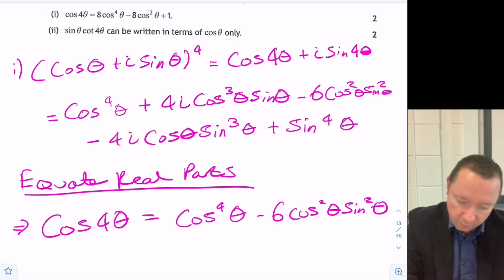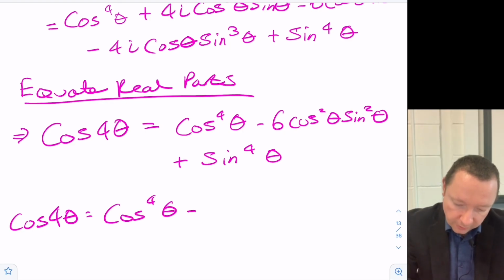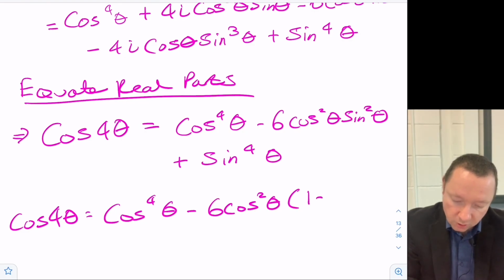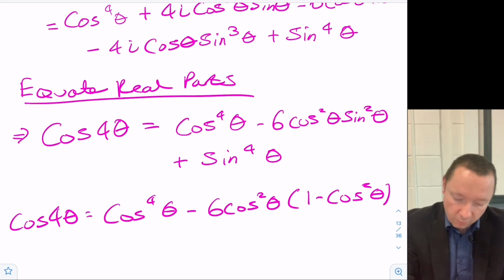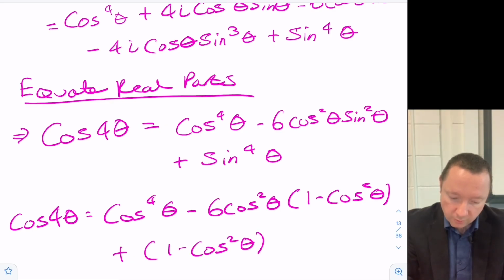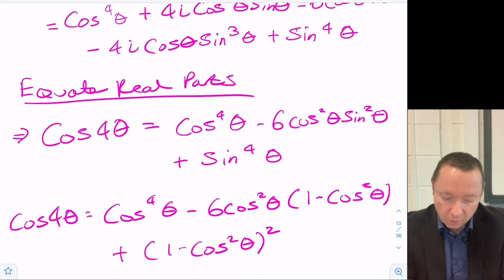Next term's imaginary, but then we've got plus sine to the power of 4 theta. So cos 4 theta equals cos to the power of 4 theta minus 6 cos squared theta sine squared theta. And since sine squared theta is 1 minus cos squared theta, then we'll have plus 1 minus cos squared theta, all squared, because sine to the power of 4 theta is sine squared times sine squared. So now we've got everything in terms of cos.